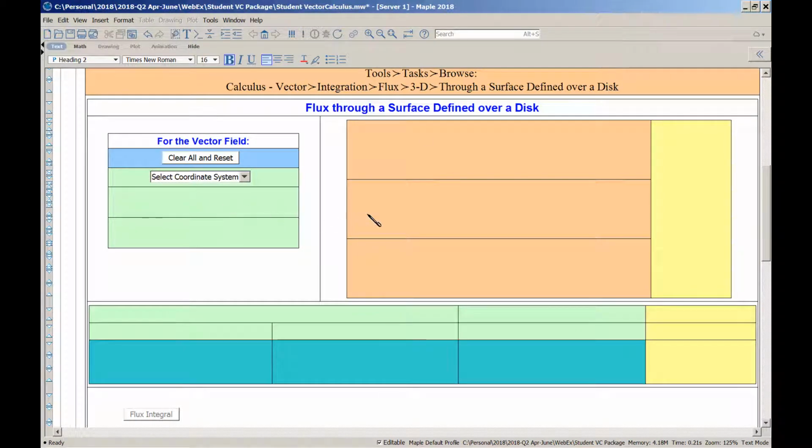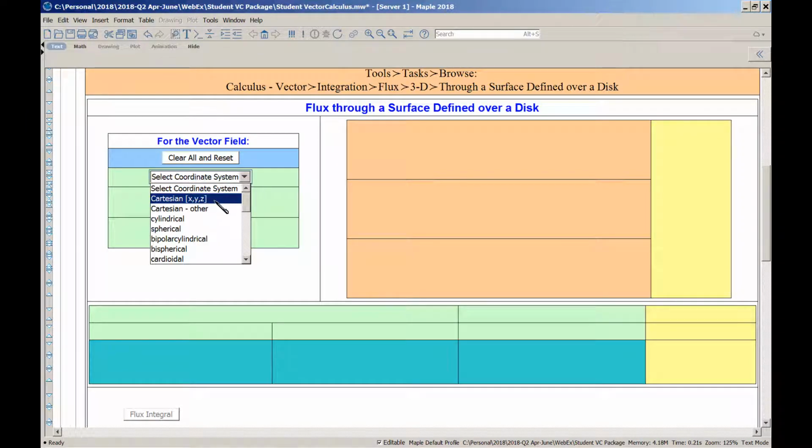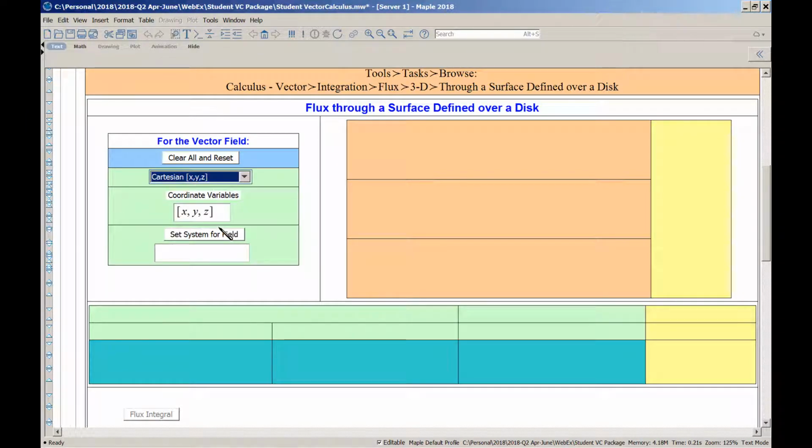This task template is installed, and initially all of the fields are collapsed, which tends to encourage the insertion of data in an orderly fashion. If you start to randomly stick data here, there, and everywhere, then you have to program the tool to make use of data that's incomplete. That's too hard. So let's pick the coordinate system. It's XYZ Cartesian.